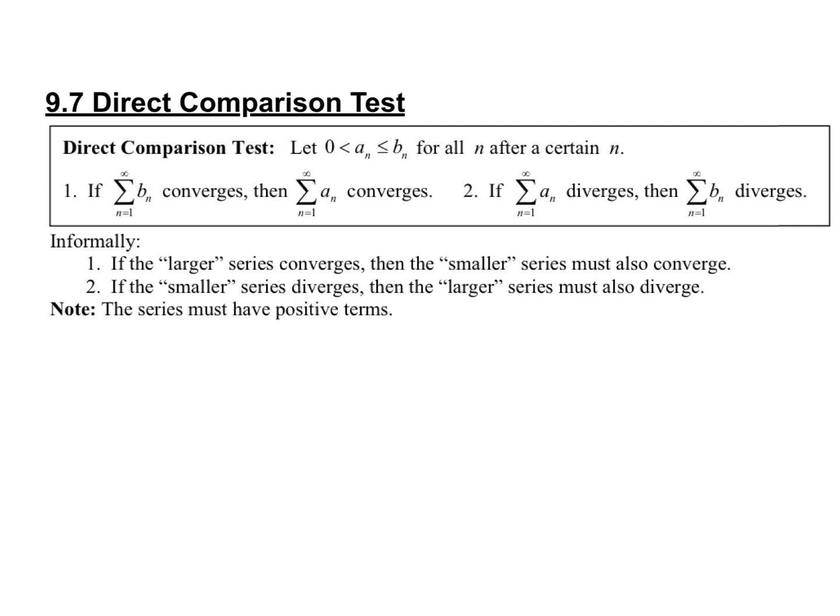Note the condition, and it says that in the very first line, let 0 be less than A sub n and B sub n. They have to be positive. The series has to be positive all the time. So we can't use an alternating series. We can't use the direct comparison test when it comes to alternating series, right?